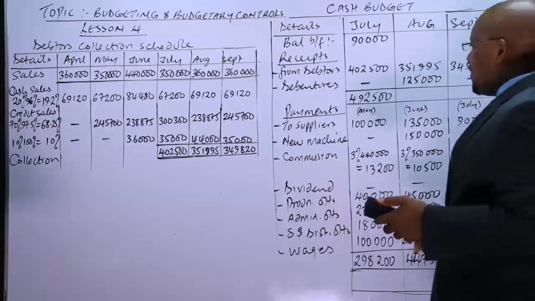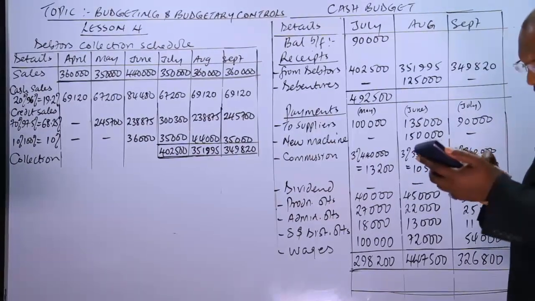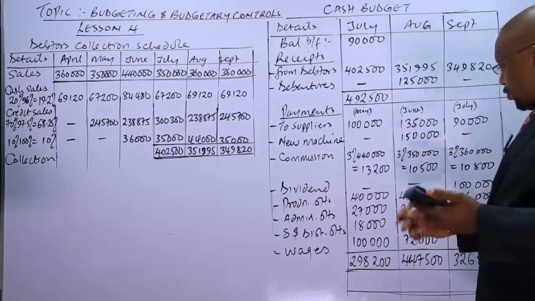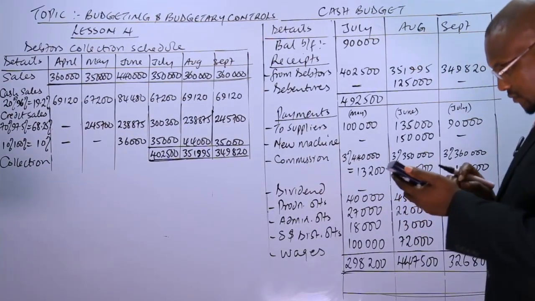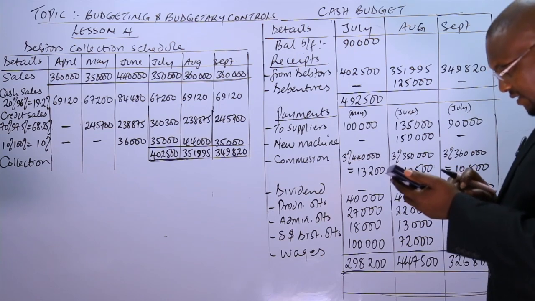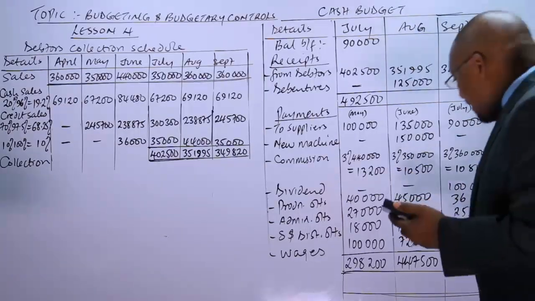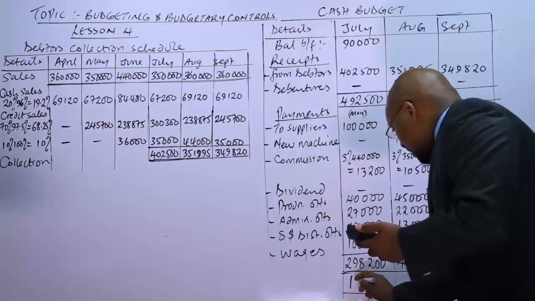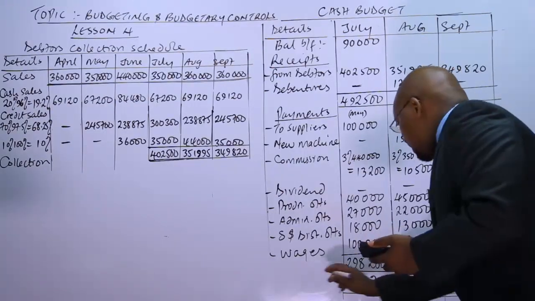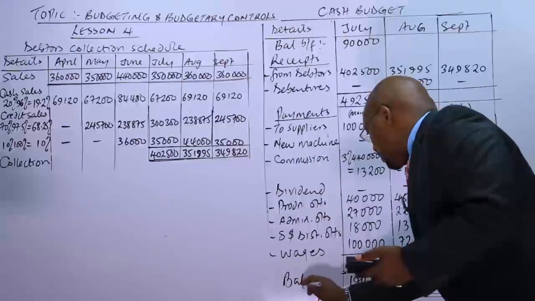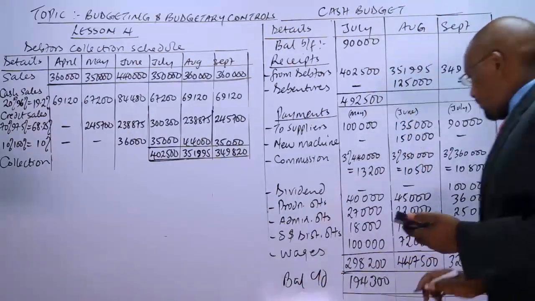492,500. This 492,500, should you subtract these 298,200, then I'll have a balance of 194,300. This is now my balance carried down.